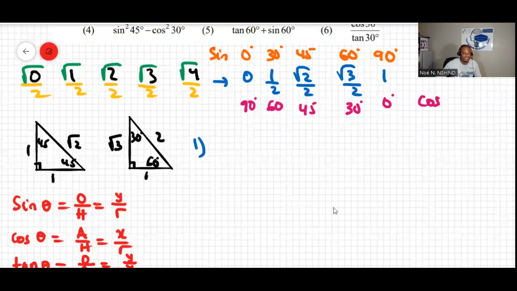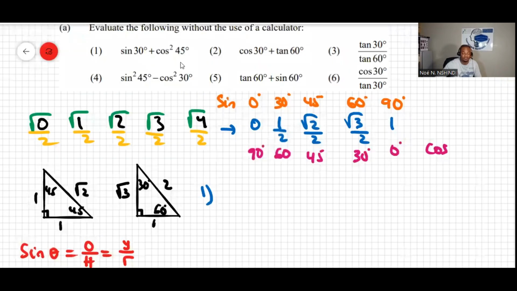So to answer the question, like sine of 30 degrees plus cos squared of 45 degrees, if I look at this one, I'll say sine of 30 degrees is a half. So I have a half plus cos squared of 45. Cos of 45 is root 2 over 2. Root 2 over 2 to the power of 2.